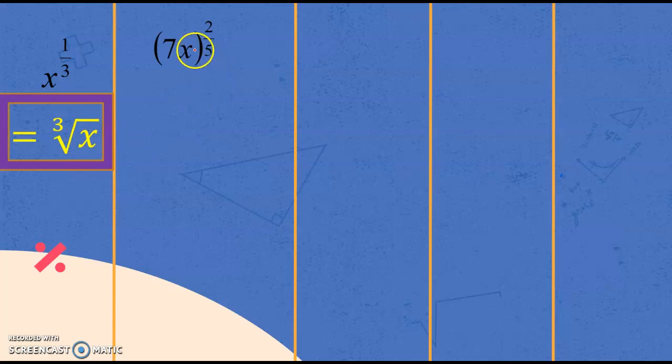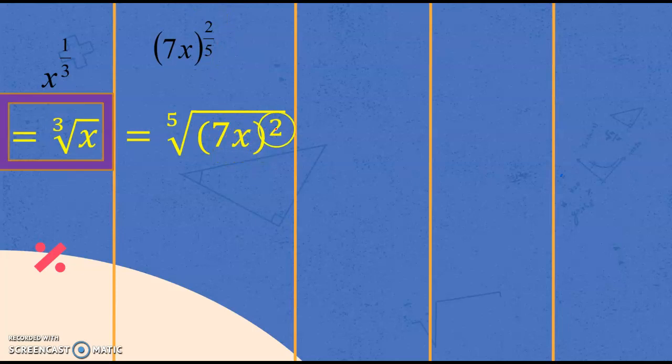Next example, quantity 7x raised to the power of 2/5. You can write it easily as 5th root of, so this is our root, the denominator, and then the base, which is inside the parenthesis, becomes the radicand 7x, and then here is the power 2, the numerator, right?